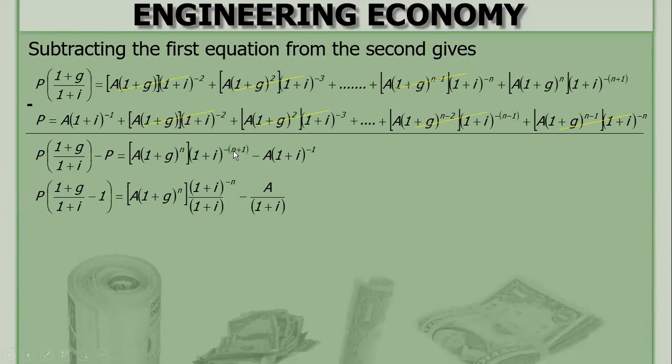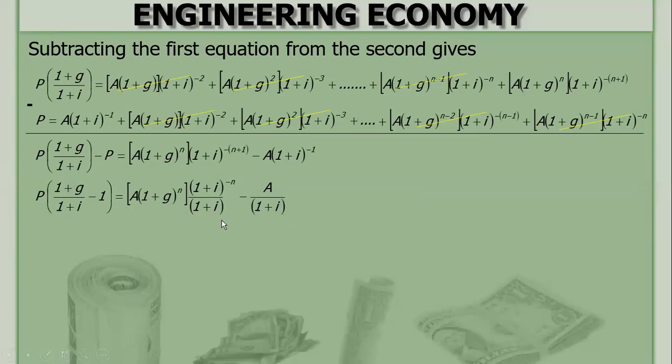And then, take note, if we remove the parenthesis, this becomes negative n minus 1. So, the minus 1, we bring it down: 1 plus i raised to negative n over 1 plus i. Okay, and this becomes 1 plus i.